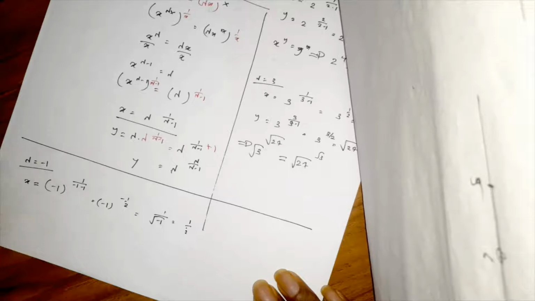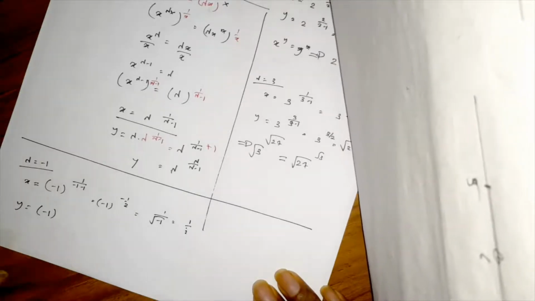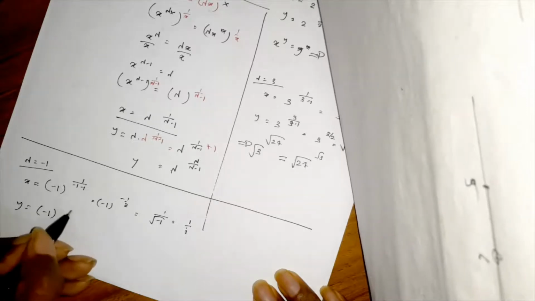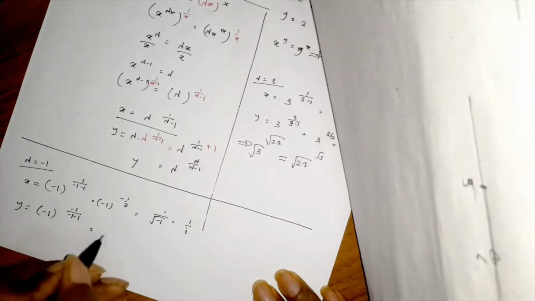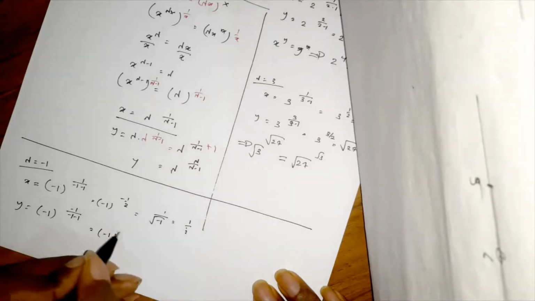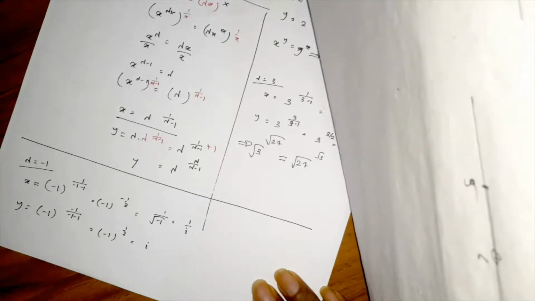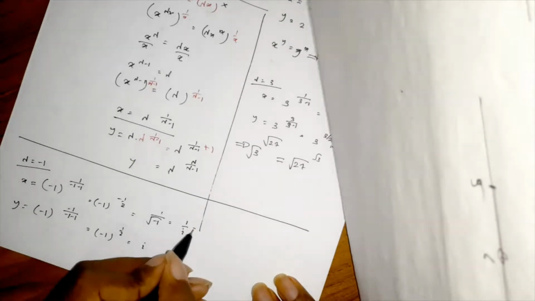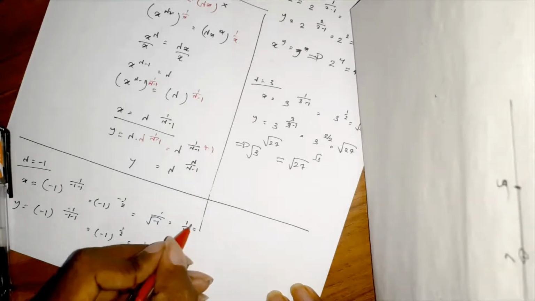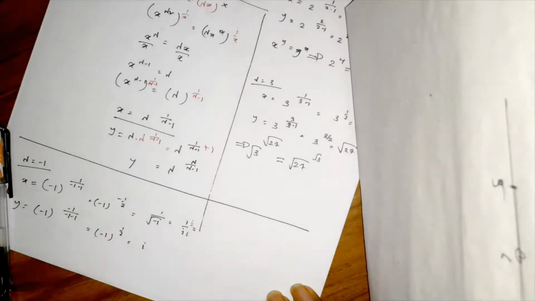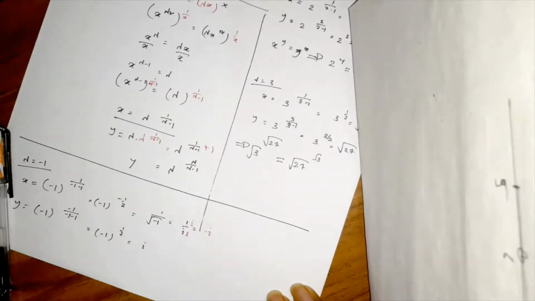Y becomes minus 1 to the power minus 1 over minus 1 minus 1, minus 1 to the power half, that means i. Actually we can simplify this: we can multiply numerator and denominator by i, and 1 over i becomes minus i.